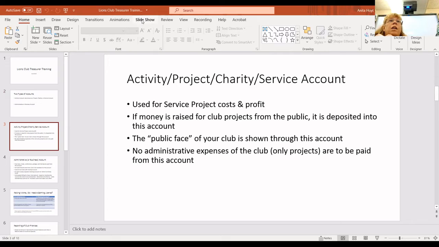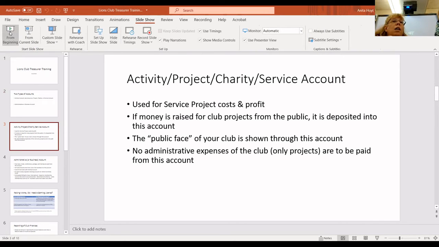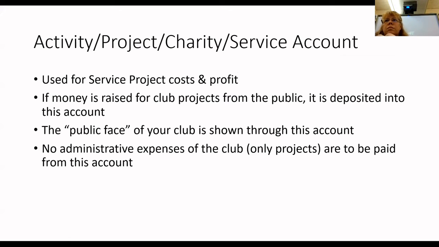Well, anyway, our activity, project, charity, or service account is used for service projects, costs, and profit. So if you're doing a service project, you can deduct your costs related to that service project in the activity account. If money is used for club projects from the public, it is deposited into this account.